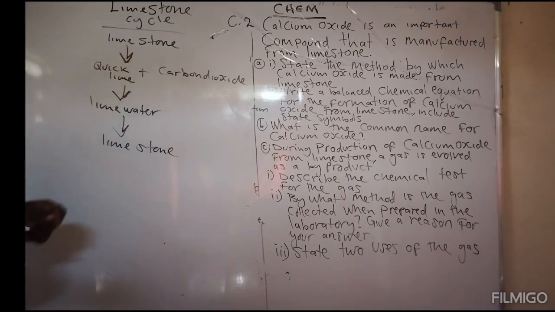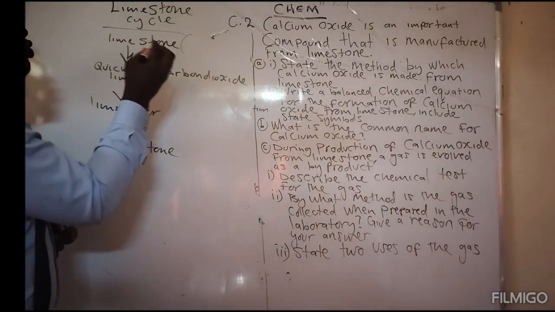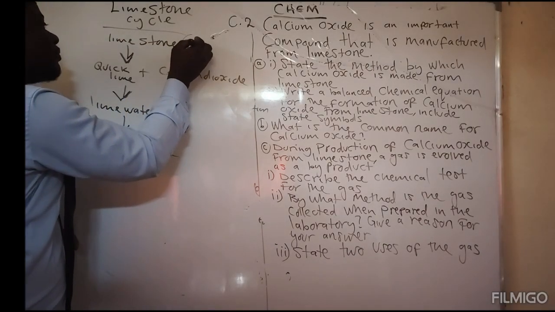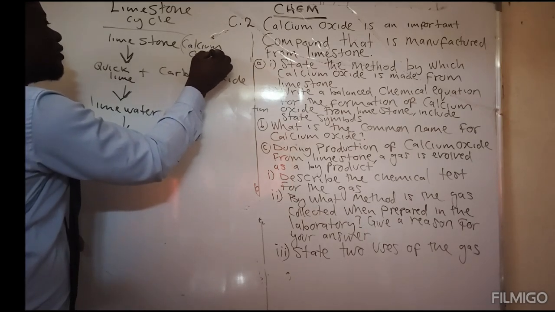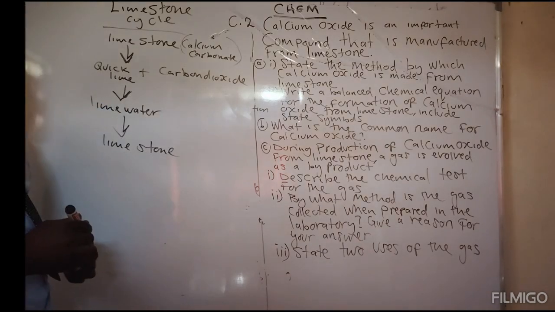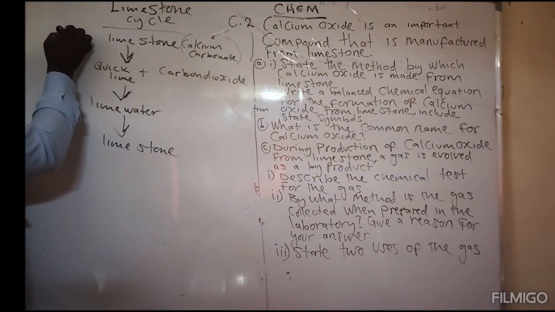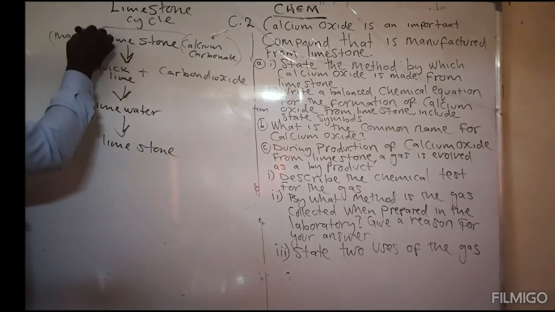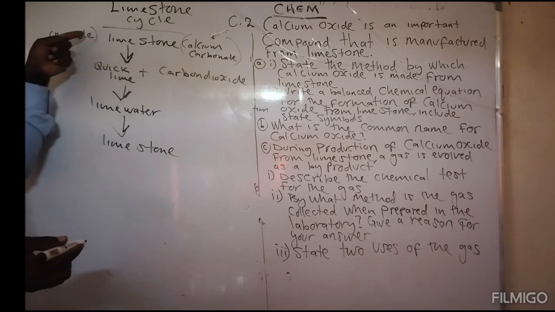Now, let us also use alternative terms. We have limestone here. The same limestone is also calcium carbonate. In fact, that's the chemical name for limestone, calcium carbonate. Another name for limestone, you can say marble. You can also say chalk, still on limestone.